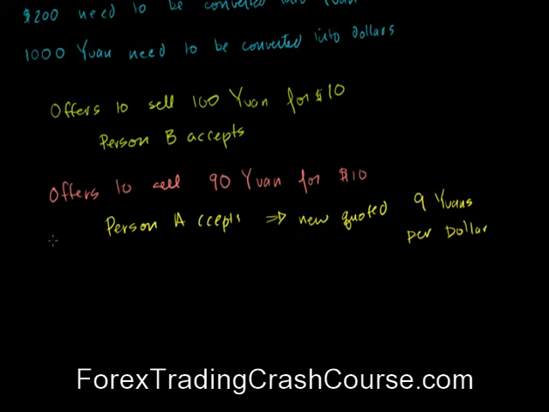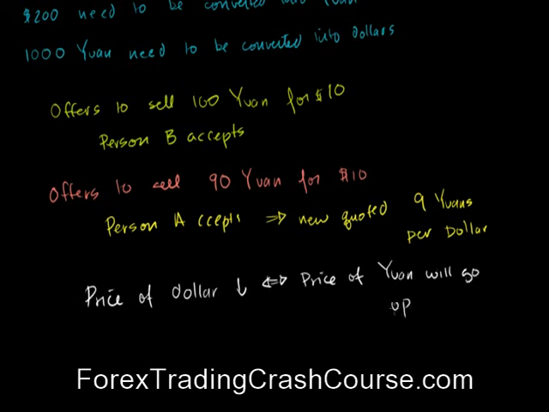So the price of the dollar will go down, which means the exact same thing as the price of won will go up. I really want you to internalize this. The price of won will go up in terms of dollars. The price of dollars in terms of won will go down.